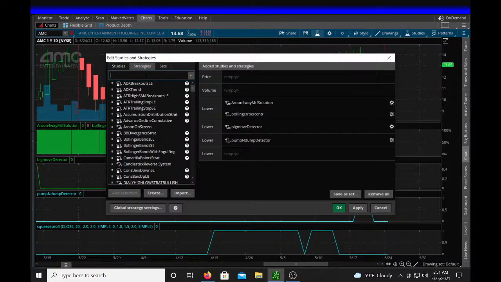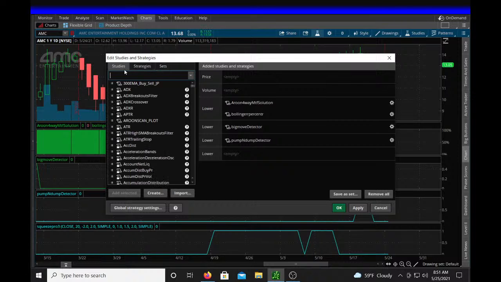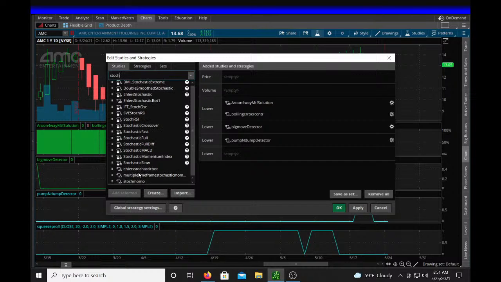Let's see, I wonder if we're in. And nothing in there. Stochastic momentum index.